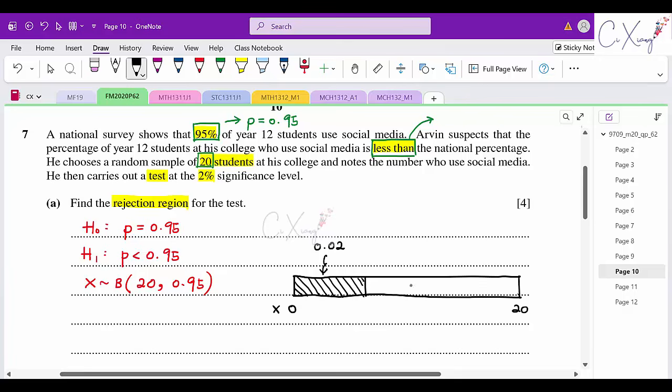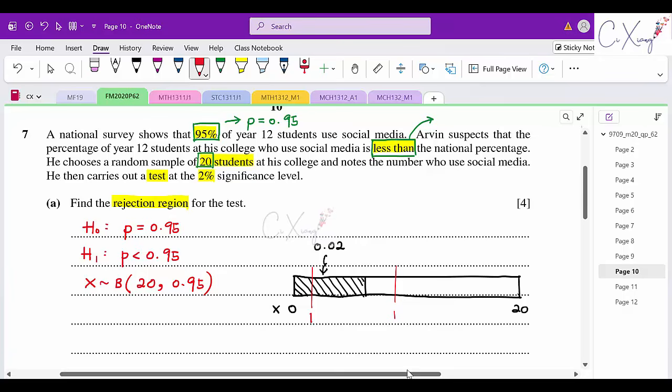When I want to find out the rejection region, I need to test the values one by one. Let's say I have x equals 1 here. I want to know whether x equals 1 falls under this particular area or that particular area.